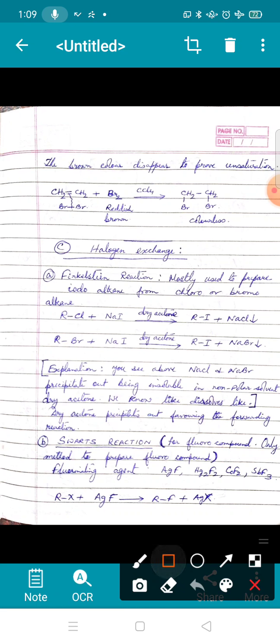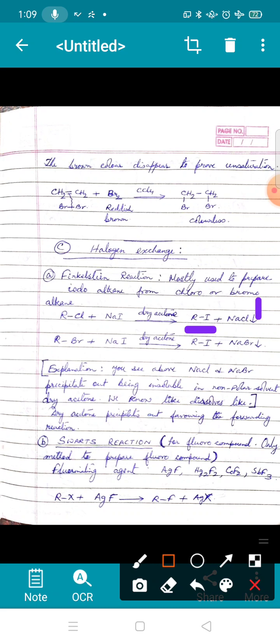So as you can see here, NaCl will be lost as the byproduct, and what will be left outside the box? RI. So RI will be the product formed. Now you may notice here in NaCl I put a down-headed arrow.